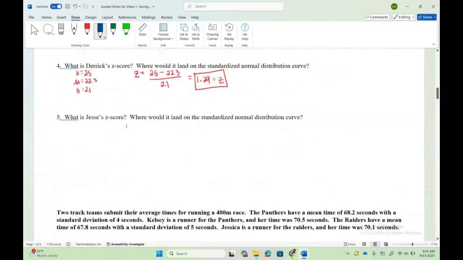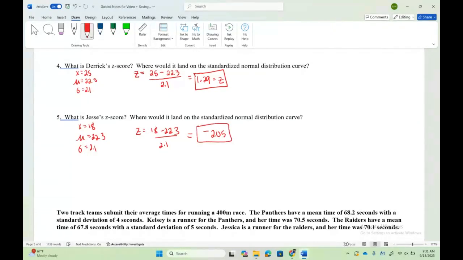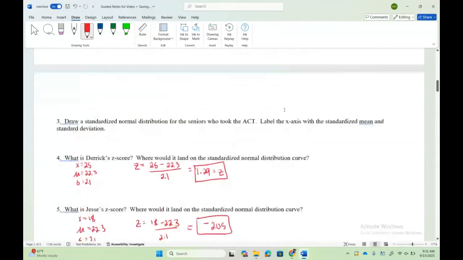All right, now let's look at Jessie. Jessie had an 18 on her ACT. The mean is still 22.3. The standard deviation is still 2.1. So Jessie's z-score is -2.05, rounded to 2 decimal places. Let's see if that lines up to our picture.